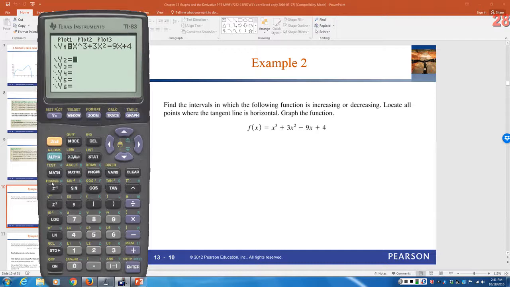So I'm going to go to math and do the numerical derivative of the function that's in y1, and I don't want to retype y1. I'm going to be lazy and go to vars, y-vars, function y1 with respect to x for all values of x.